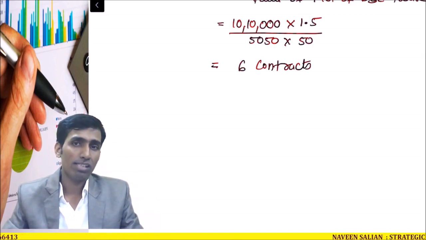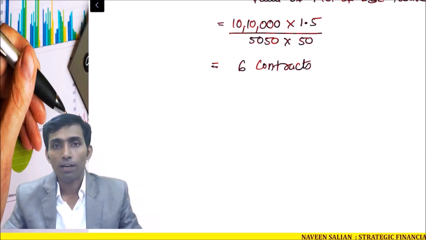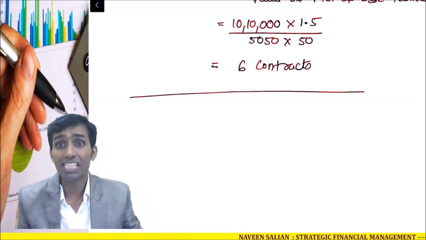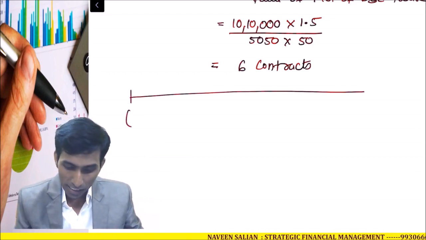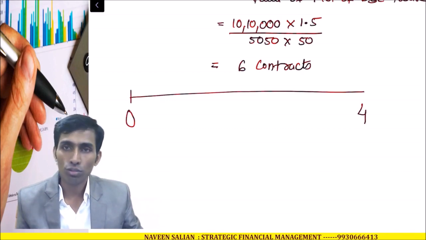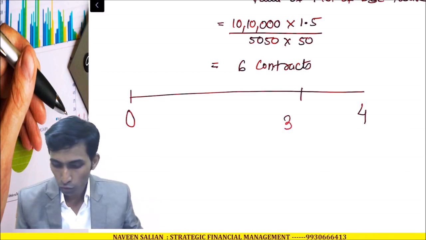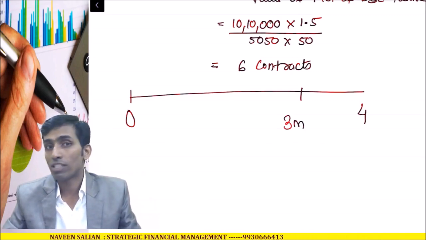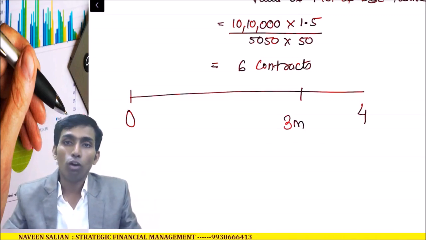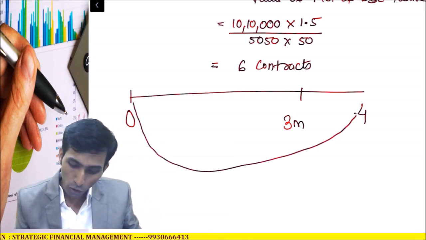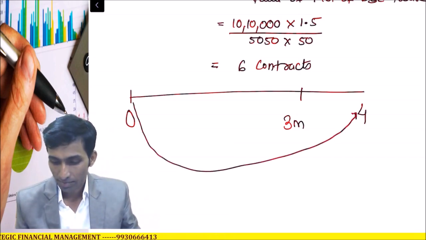Now, understand what is the game going on. See, this is the timeline. Originally, when you go to the market, you know that you want a future for 3 months, but the 3 month future is not available. So what you do is you take a future of 4 months.